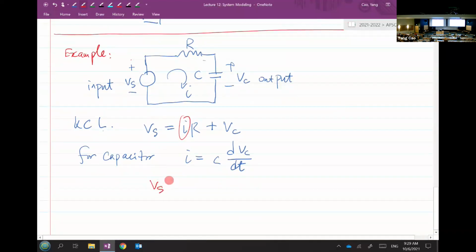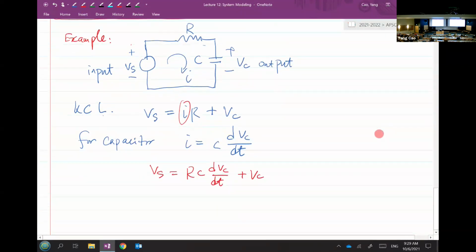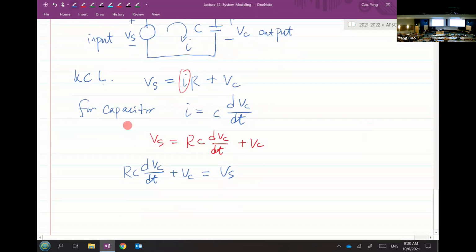So Vs equals RC dVc over dt plus Vc. Often in time, you write it this way, just reversing the order. This is basically a differential equation, and this is essentially what we call a first order differential equation.